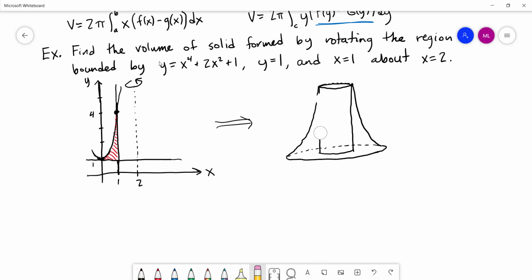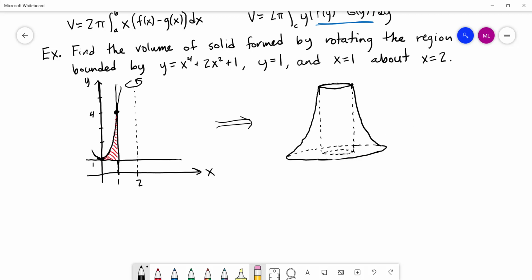These edges in here are going to be dotted. We ultimately can't see this interior part, so let me dot them. Okay, hopefully that makes some sense when you see it drawn that way. That is the shape that we are trying to find the volume of. That's the shape we would get if we rotated this red region around this line. It would look something like this.